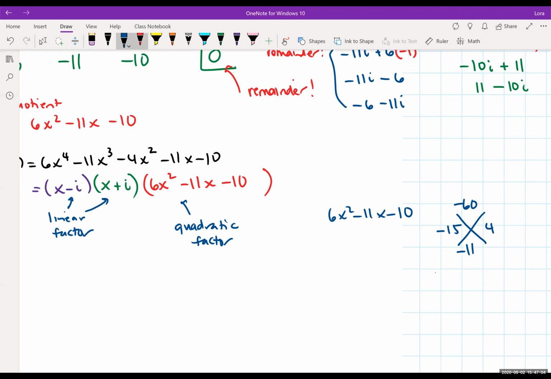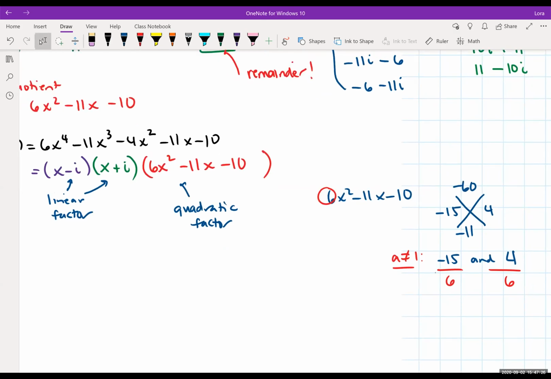But I have an issue because my A coefficient is not equal to 1. So I take my factors and divide both of them by A equals 6, and I reduce. I have 15 over 6. Divide out common factors, we should get a negative 5 halves.